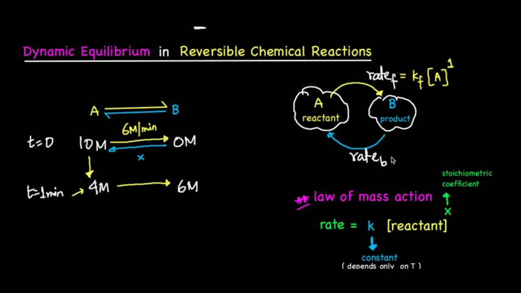Similarly, for the backward reaction, the rate is going to be equal to some constant, let us say Kb, into concentration of the reactant. If you're looking at the reaction B going to A, the reactant is going to be B raised to its stoichiometric coefficient, which is going to be 1. Simply put, we can say that as concentration of A increases, the rate increases, and if the concentration of A decreases, the rate decreases.